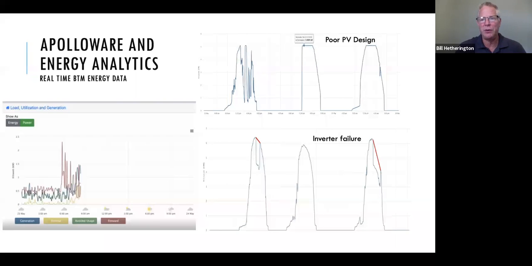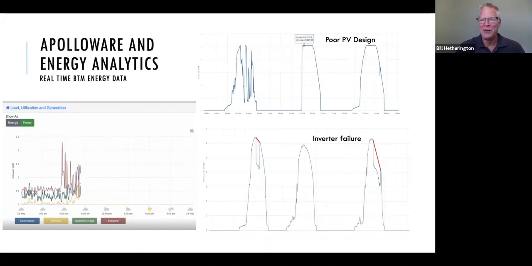Just kind of to show you a couple snapshots of what it looks like. So ApolloWare from a utility perspective, what we can tell is if solar rooftops have been designed poorly. Here, the top slide to the right, you see that obviously there's been more panels than the inverter can handle, and it's clipping the wave. We also notice that inverters fail, and quite frequently inverters fail.